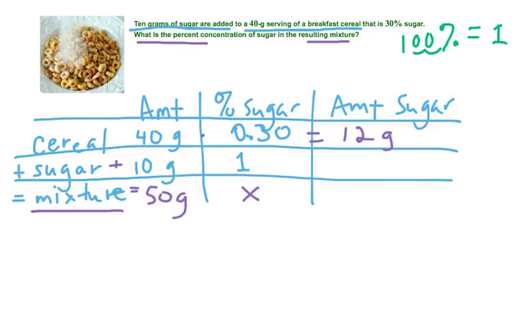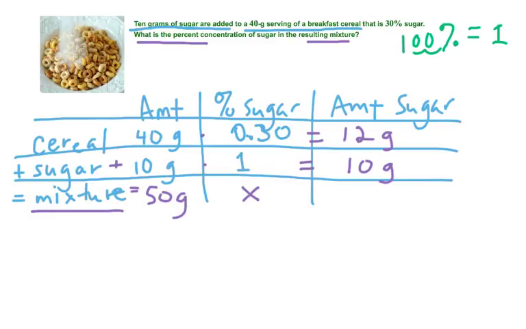Now I'm adding 10 grams of sugar, which is 100% sugar, so 10 times 1 is 10 grams. I can do it a couple of different ways here. I can use this information to help me find my missing variable, or I can use this information. I can go either way.